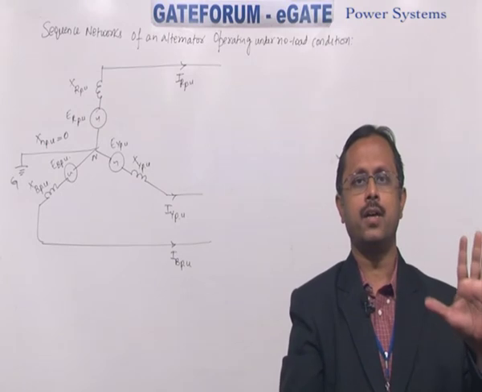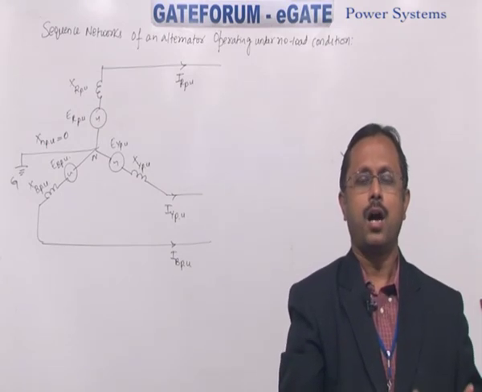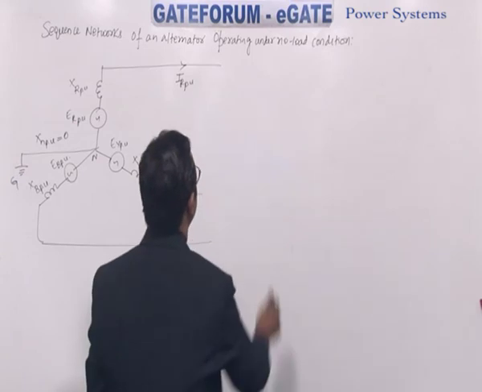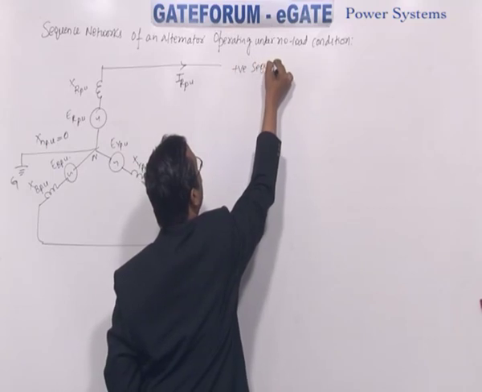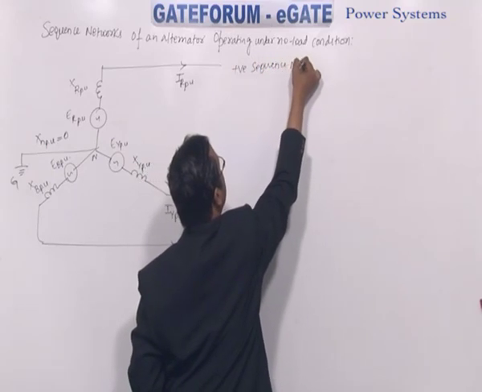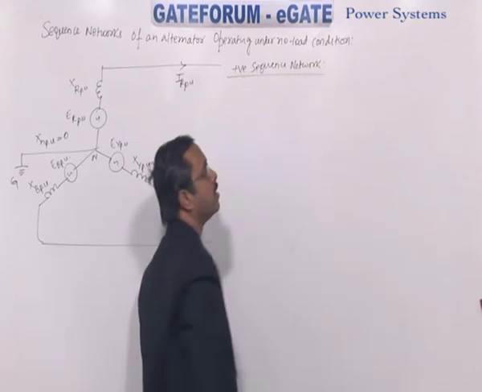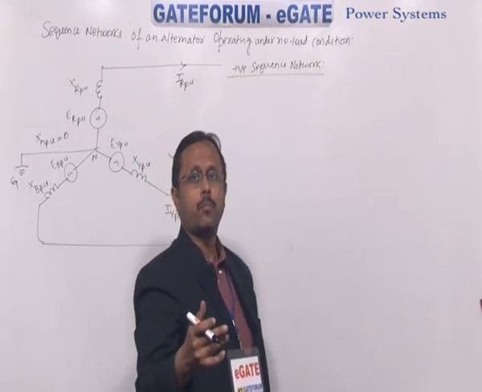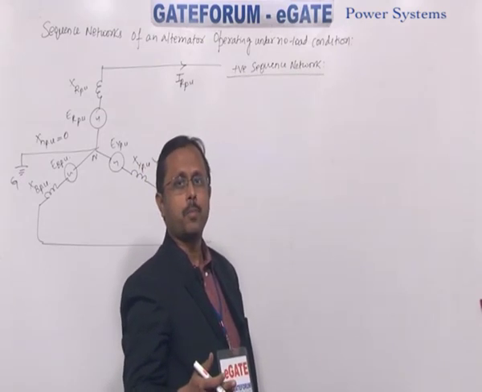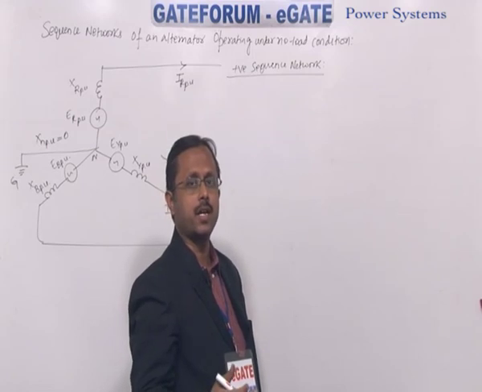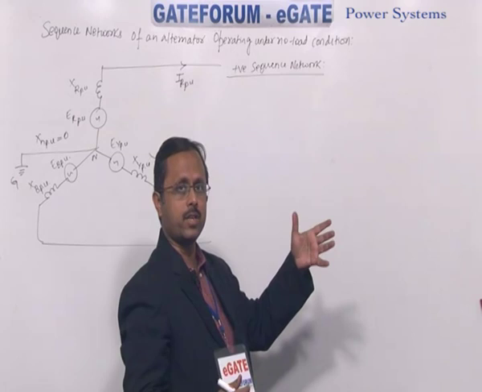So now first we check how you draw the positive sequence network. We know that the positive sequence network consists of positive sequence generated EMF ER1 per unit. We have proved earlier, one hour back.